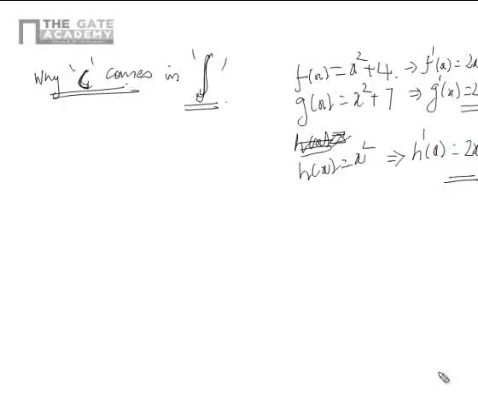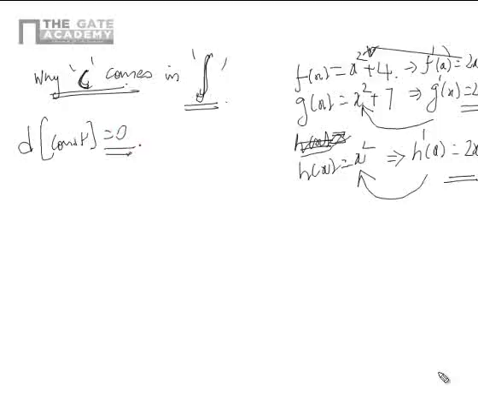Now h dash of x upon integration will give you x square. g dash of x also upon integration will give you x square. f dash of x also upon integration will give you x square, because the derivative of a constant is 0. Correct. So when we integrate 2x, we don't know what this constant is. It might be 4, it might be 7, it might be 0, it might be minus 2, anything.